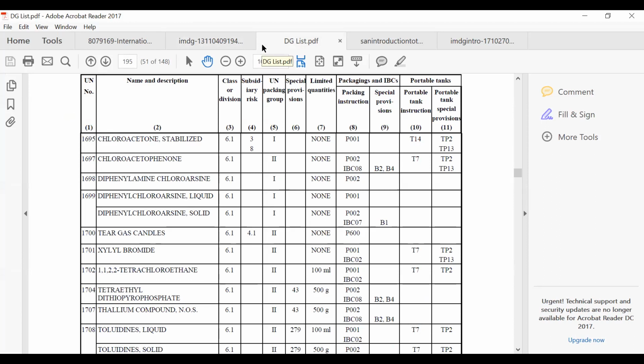Are you following? So that's why we have a main class and a subsidiary. I mean, 2 subsidiaries for this one. So when we're dealing with this one, we're also dealing with 6.1, 3, and 8 corrosive.